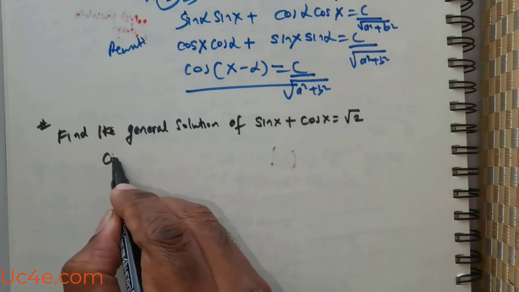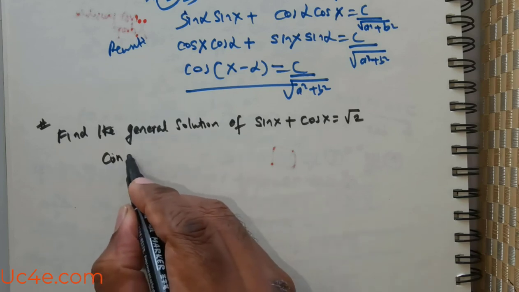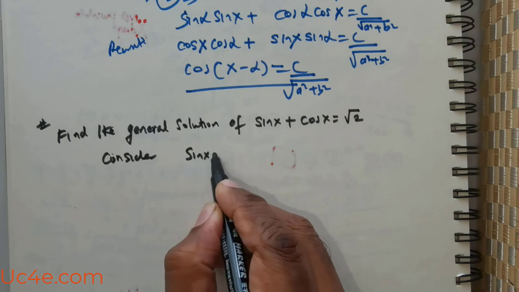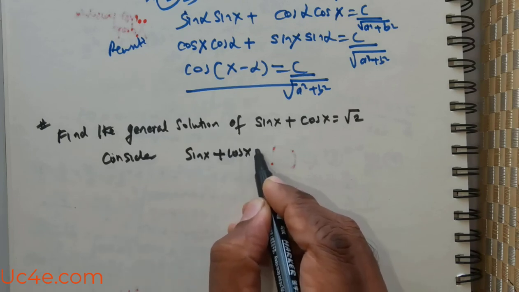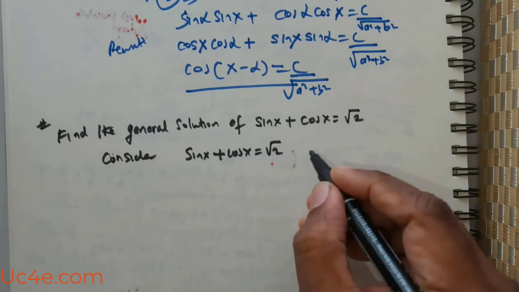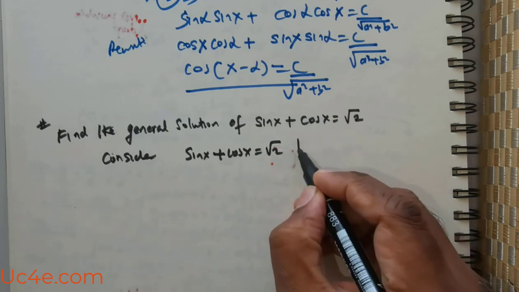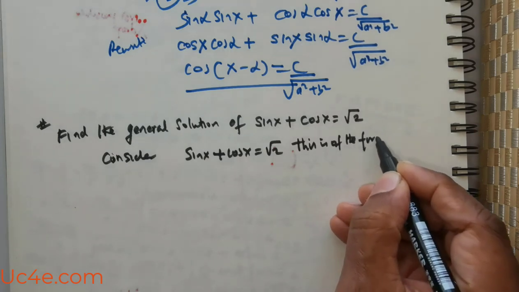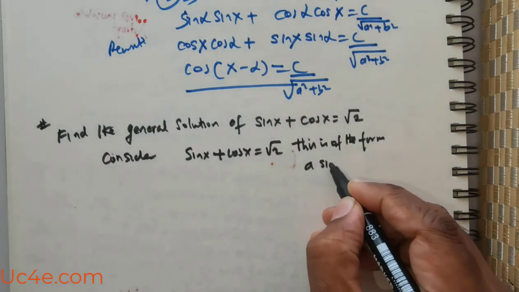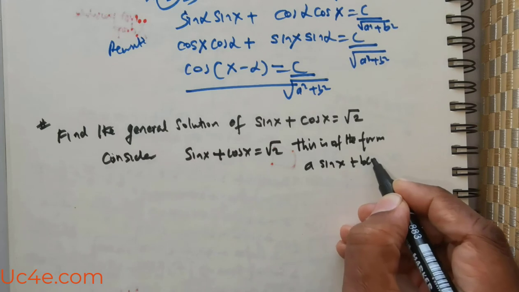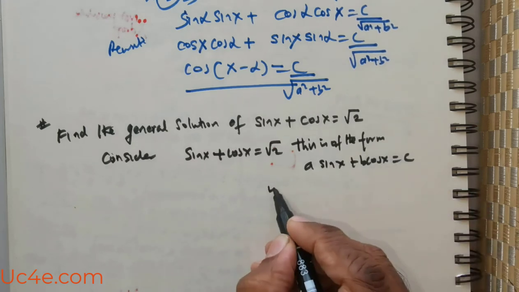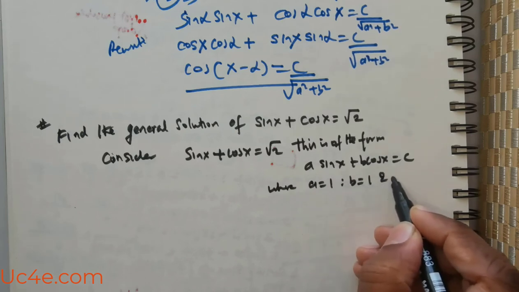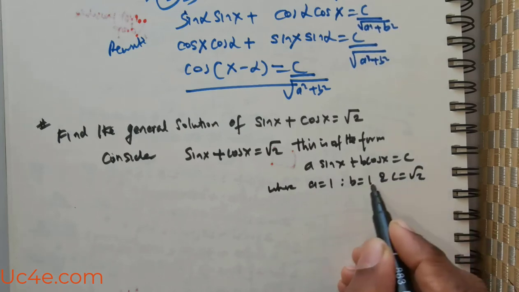Now foremost, I would consider the given question, sin x plus cos x is equal to root of 2. Now this is of the form a times sin x plus b times cos x is equal to c, where a is equal to 1, b is equal to 1 and c is equal to root of 2, right?